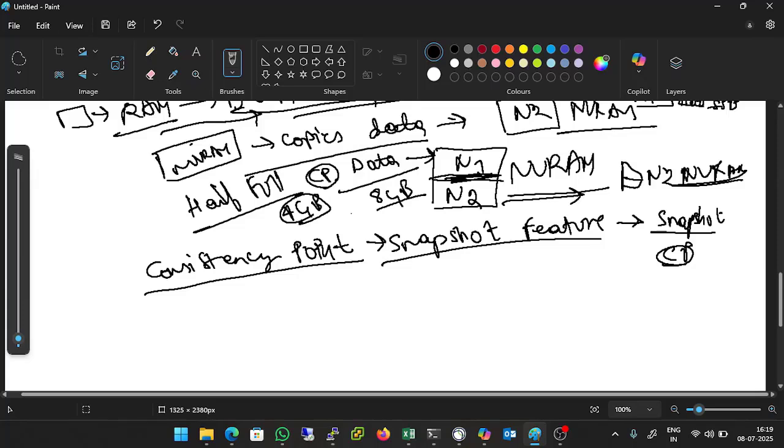During that time, a consistency point gets triggered, and it automatically holds all the data in the NVRAM so that it doesn't get violated. Okay. This is a feature that NetApp provides, and it is a very awesome feature.